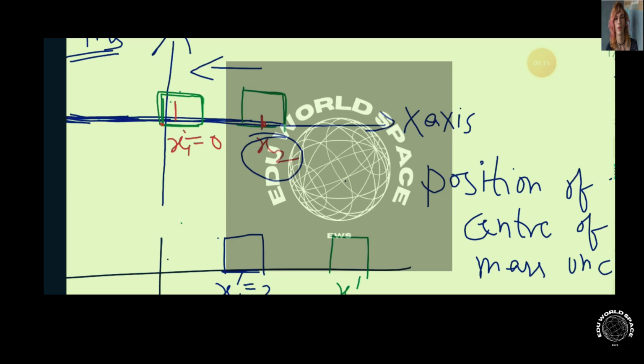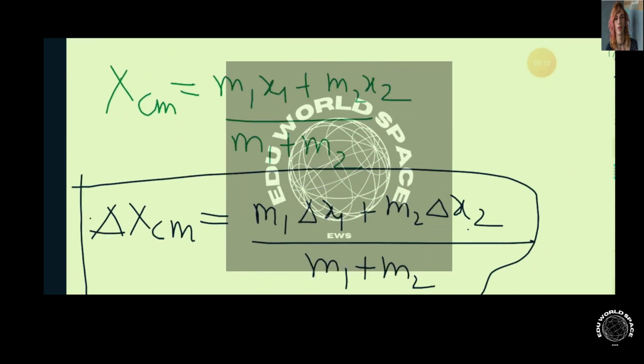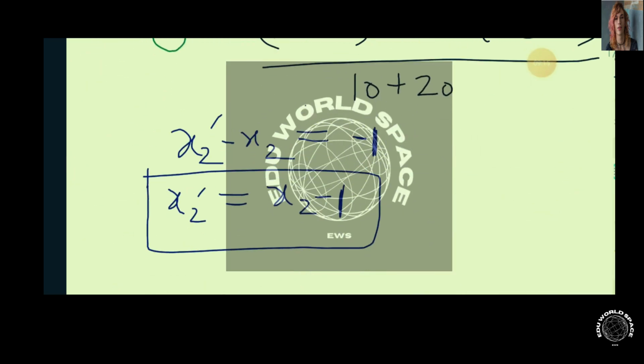So this is the answer to the given question. After moving this, the condition that the position of center of mass remains unchanged is satisfied by this result. So I have solved the question completely. Thank you.